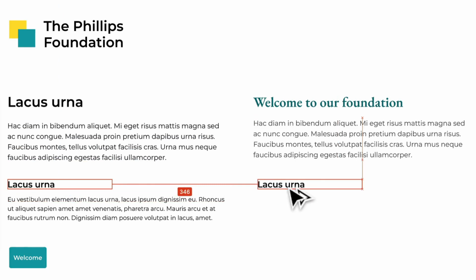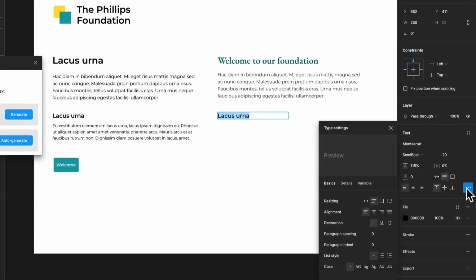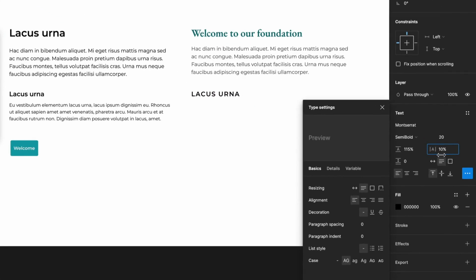And then if we do need things like subheadings, we can go into our font details here and select all caps and increase the spacing. And there we go. We're already starting to create some nice little changes to this whole design.